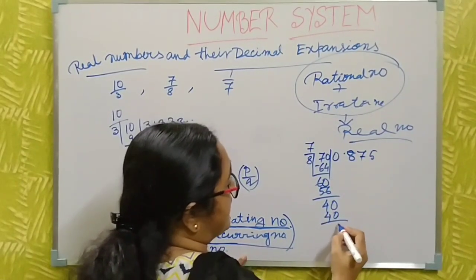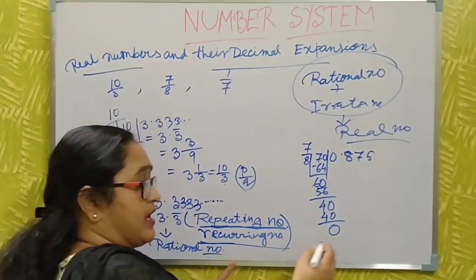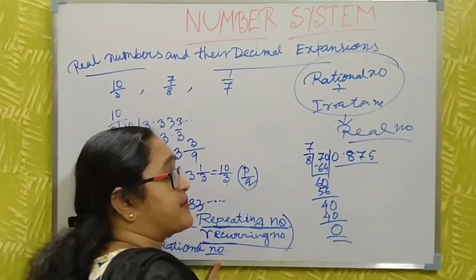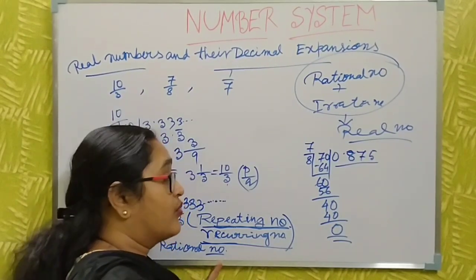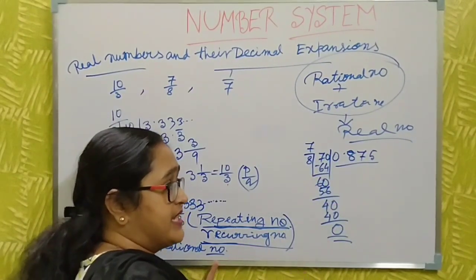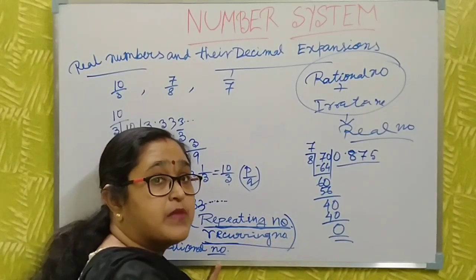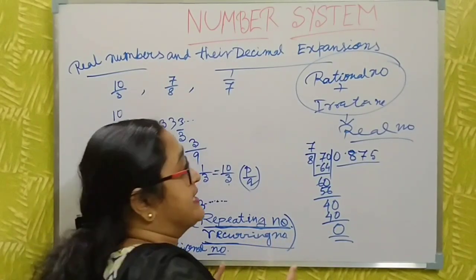Okay, the remainder is 0. Then the decimal expansion is finished. This is a terminating number.